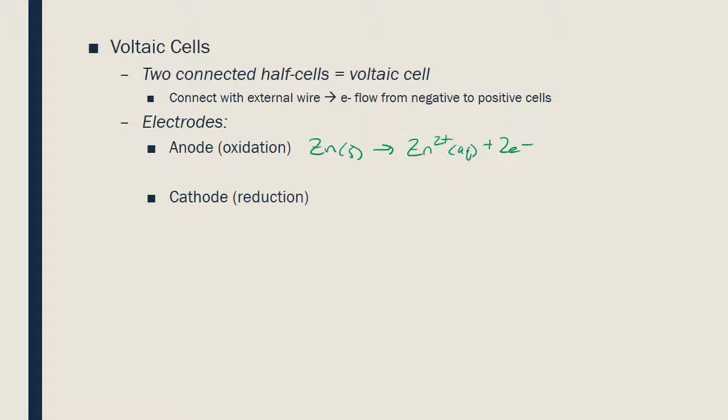Then when it's connected to the cathode, which is where reduction occurs, because zinc is more reactive, it has a higher potential, it's going to force those copper ions to accept those electrons that zinc donated and create solid copper, causing that movement, causing the electrode potential to be created.